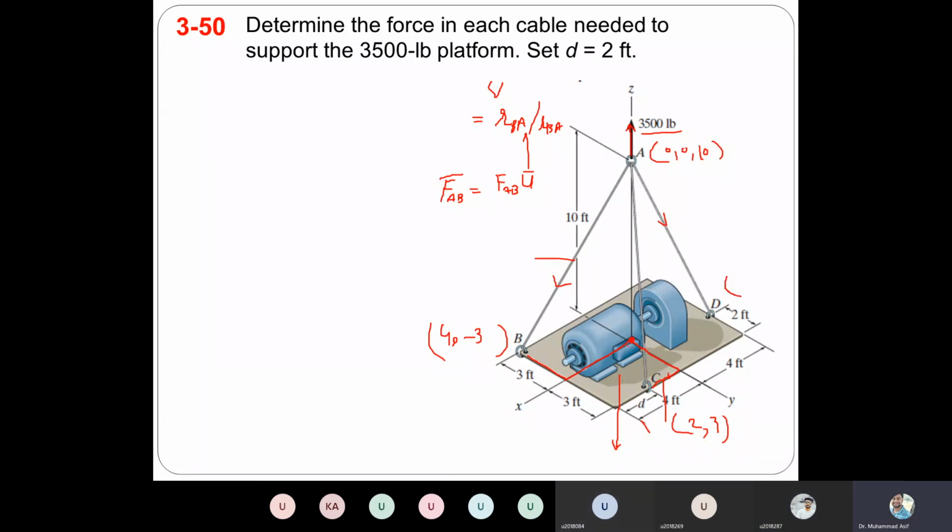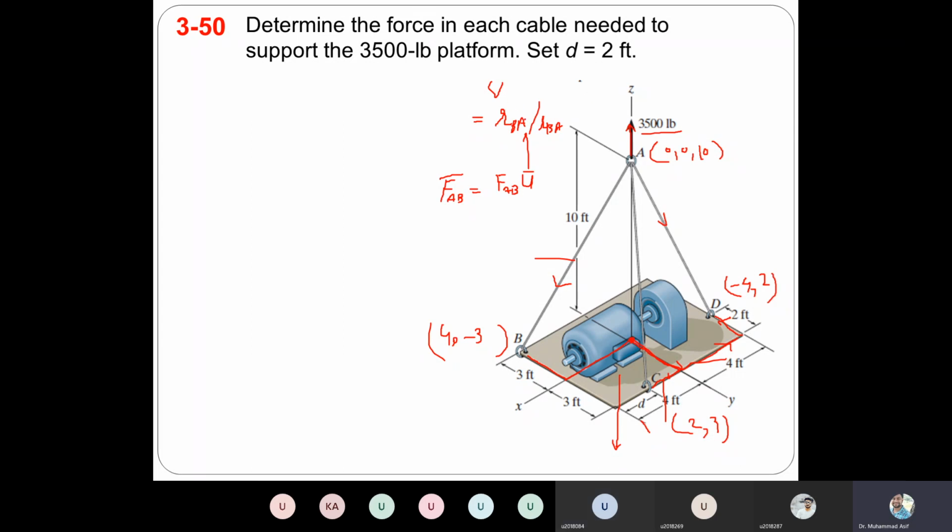For D, you have to move in the positive y direction and then the negative x direction and then again negative y direction. So that means minus 4 plus 2, right? So now you can easily get the position vector.